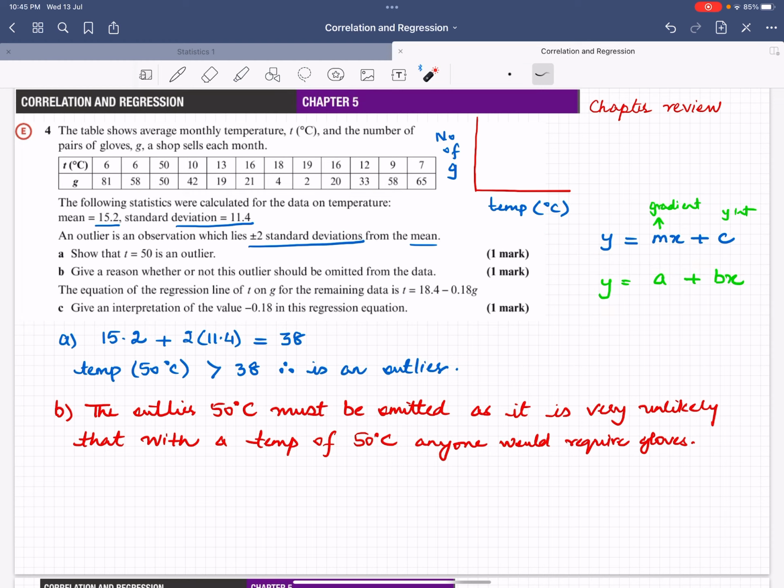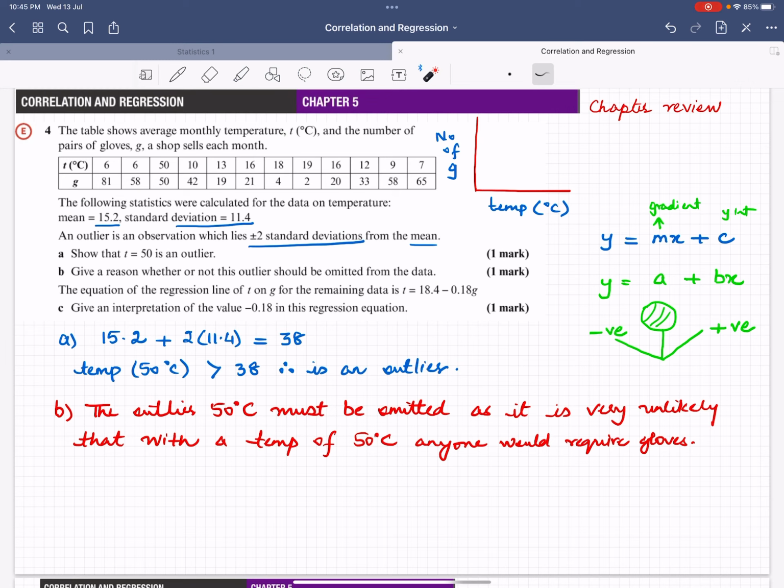So we are already familiar with this. We also know that, for example, if there is a boy standing here facing away, if he raises his right hand up, the direction of his right hand is towards a positive gradient, and the direction of his left hand is towards a negative gradient.